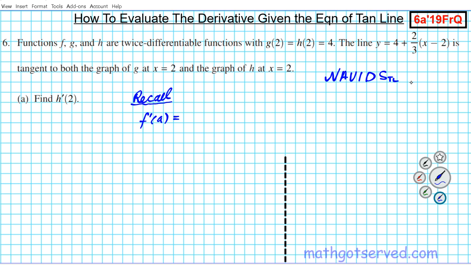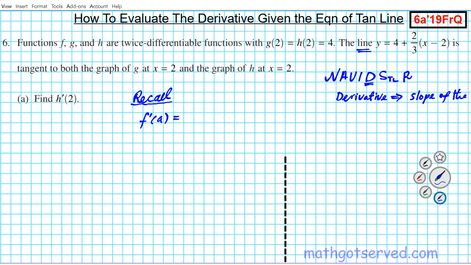Remember, if you're looking for the derivative, it's the same thing as finding the slope of the tangent line or the rate of change. In this particular problem, we're looking at the slope of the tangent line scenario. Why? Well, it is because we are given the equation of the tangent line.